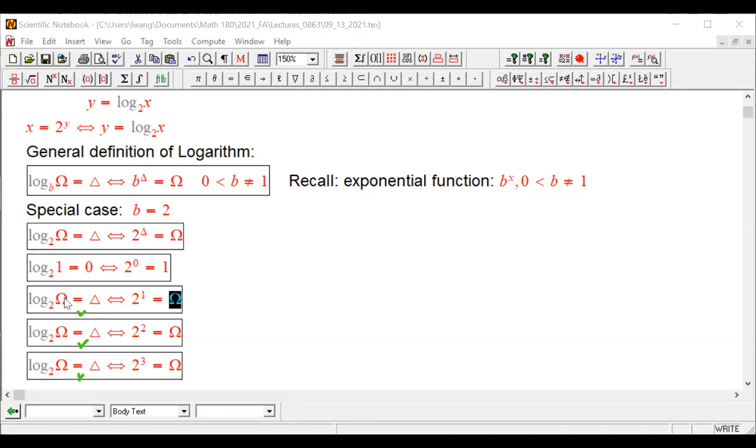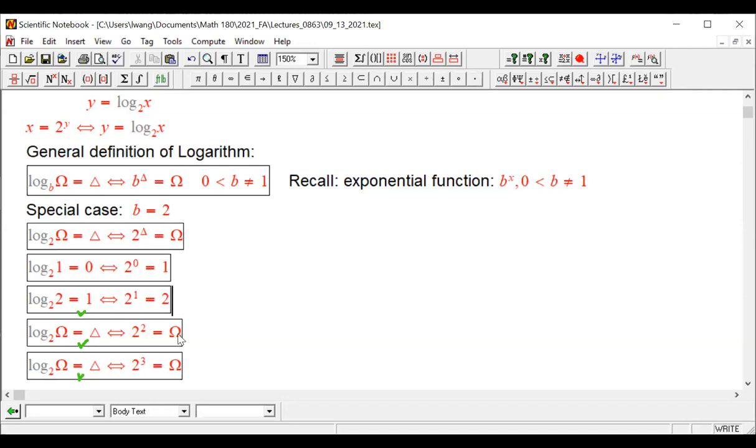So basically, there's another way to say it. In other words, 2 to the power 1 is 2. In other words, log base 2 of 2 is 1. You hear me?